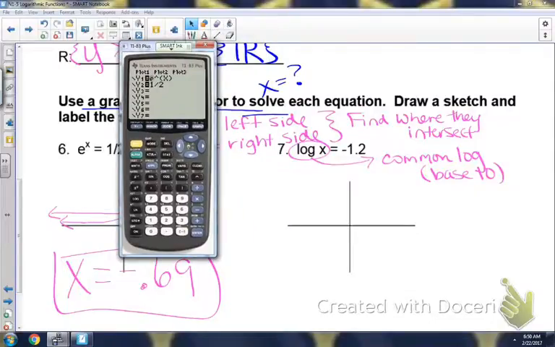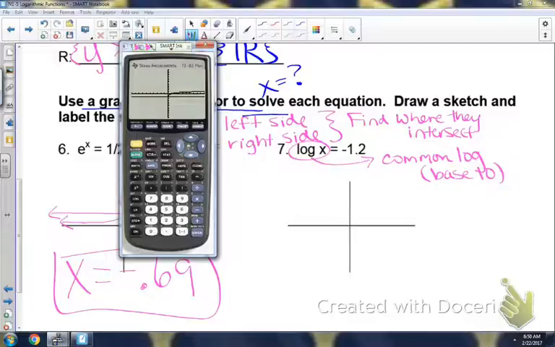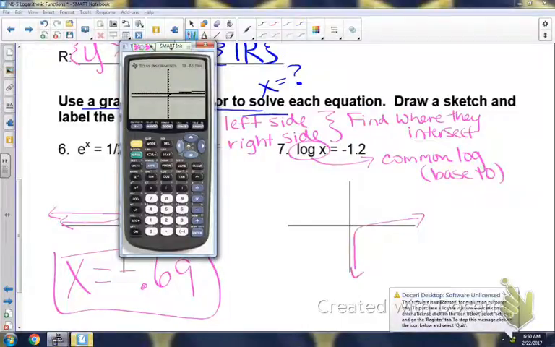Alright, so we're going to type in y1. We're typing in the log, which is right below the x squared button, of x. And then our y2 needs to be negative 1.2. We're going to graph it. Should be approaching the y-axis because it's a log. And then drawing that horizontal line there. We're finding where they intersect again.